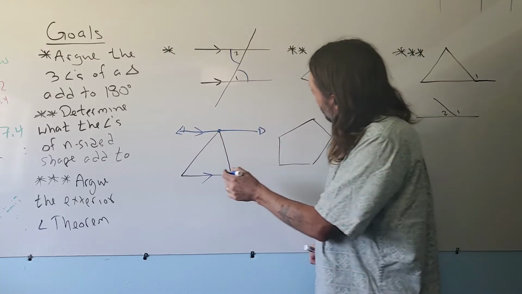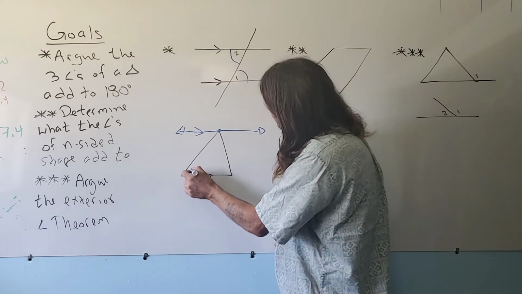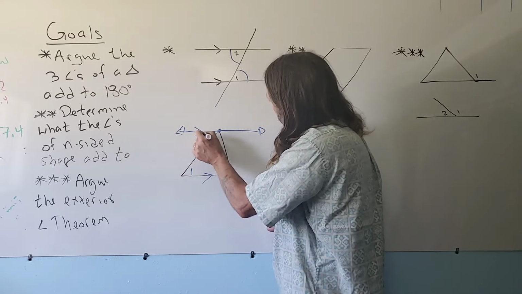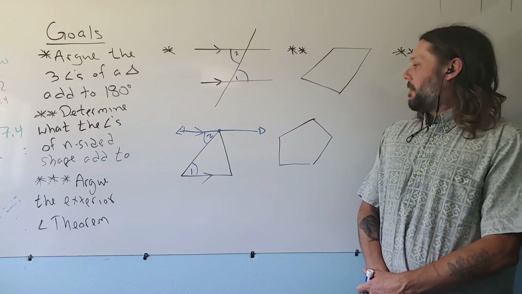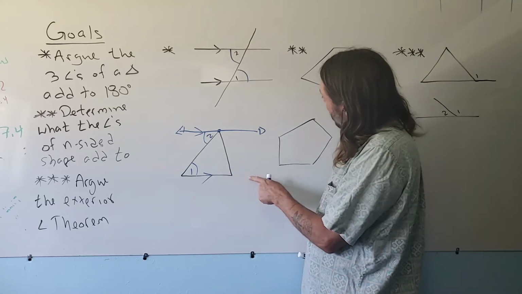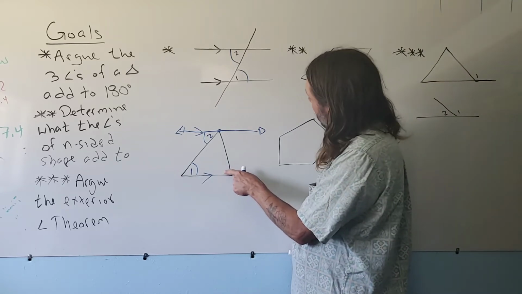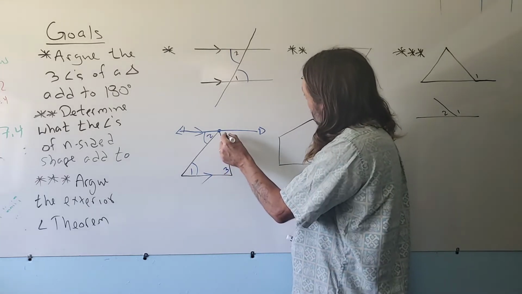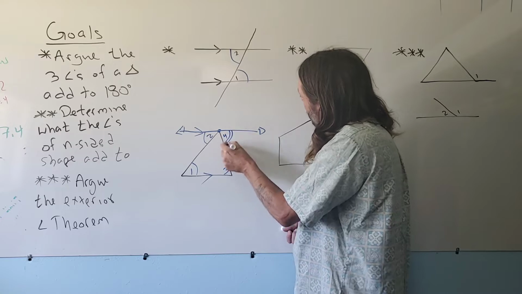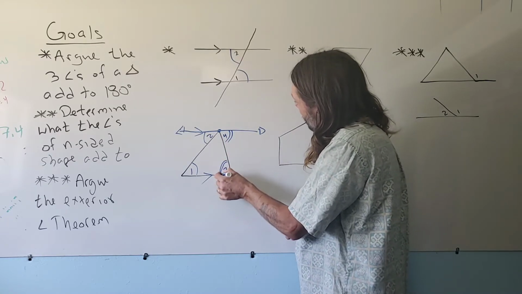And so I can very simply say that angle 1 is the same as angle 2 because these are corresponding angles of parallel lines. Now, I also have another set of corresponding angles. If I talk about this angle 3 and this angle 4, I know that these angles must also be congruent.